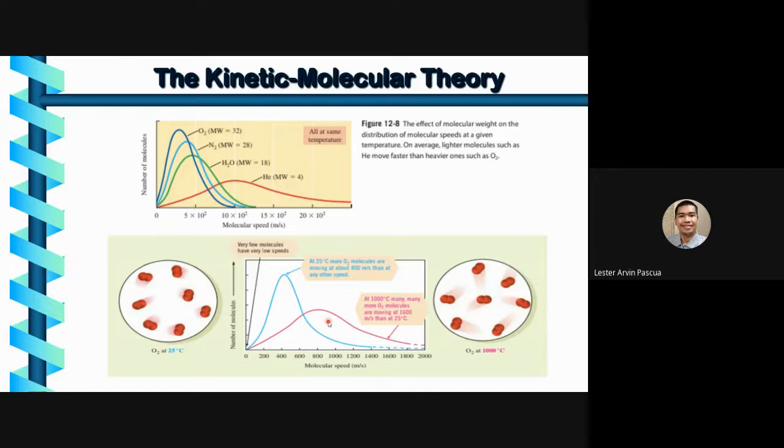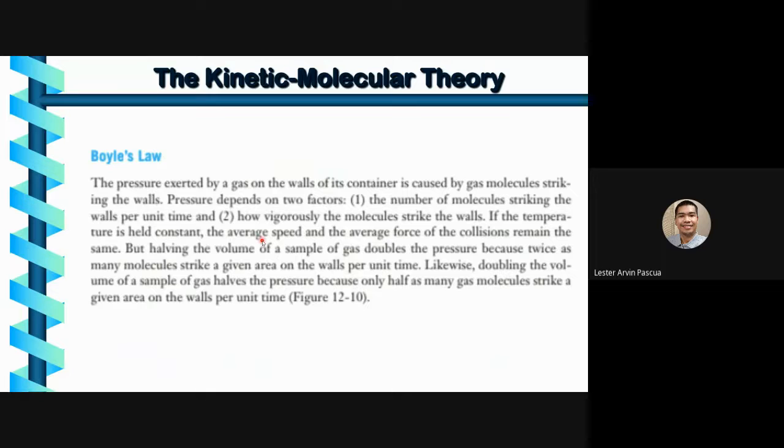Pag iniba mo yung temperature, mas mabilis yung movement, yung speed. At 25 degrees Celsius naman daw, mas mabagal yung speed. So, this is oxygen, no? Itong nasa graph na ito. Tapos, kapag 0 Kelvin nga, or as you approach absolute zero, sobrang steady na lang or hindi na gumagalaw yung mga particles. Okay?